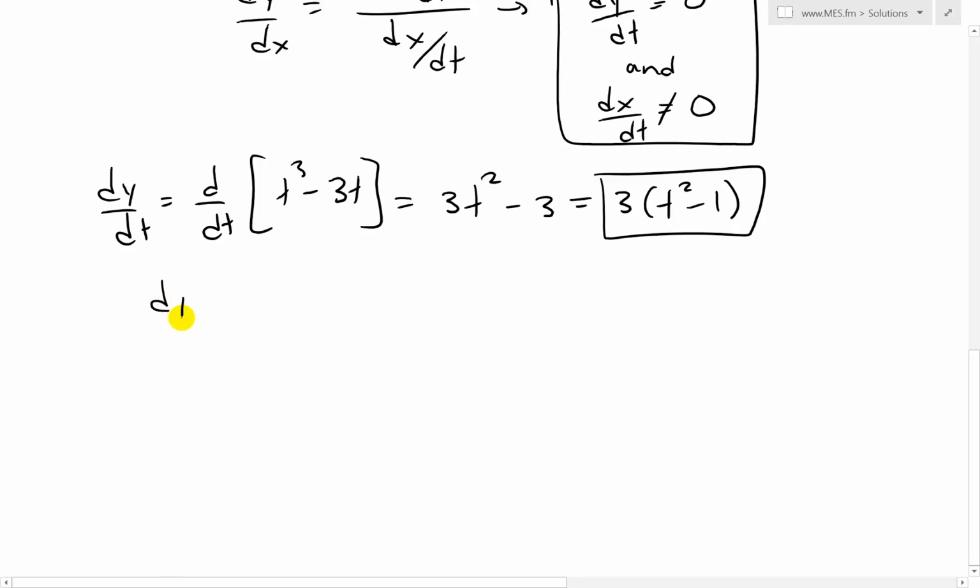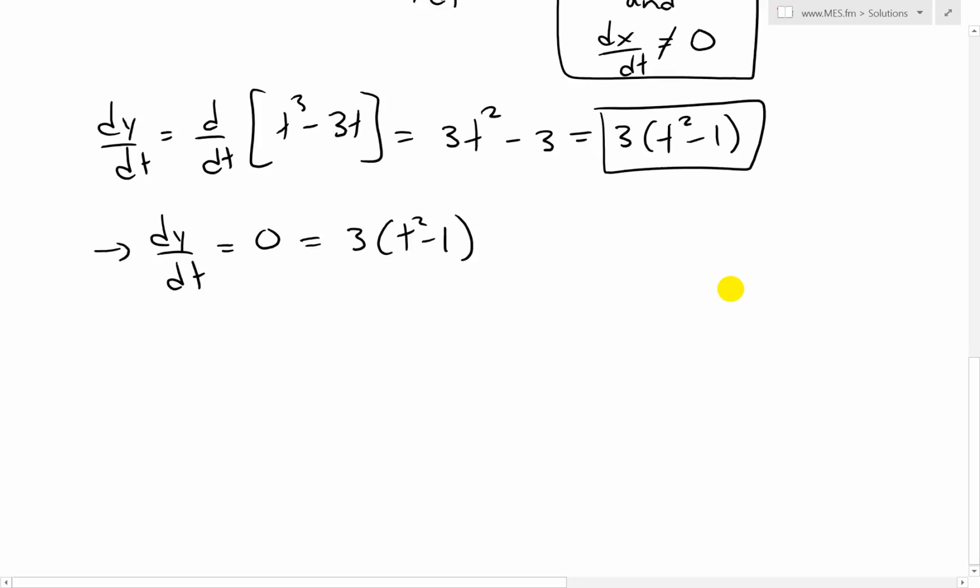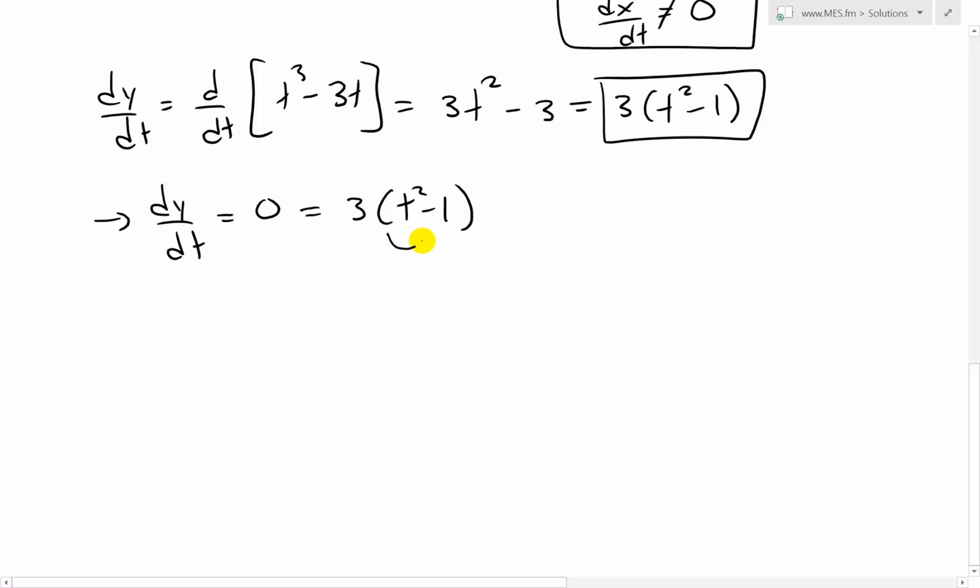Now if we set dy over dt equal to 0, this equals 3 times t squared minus 1, and we want this part equal to 0. That's the only way we can have the whole thing equal to 0. So then t squared minus 1 equals 0.